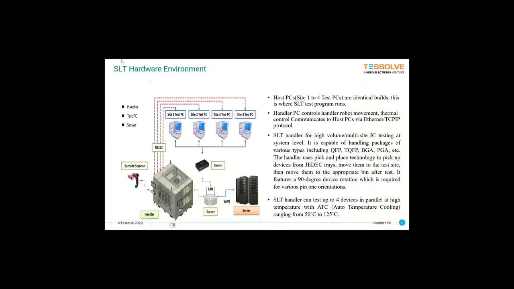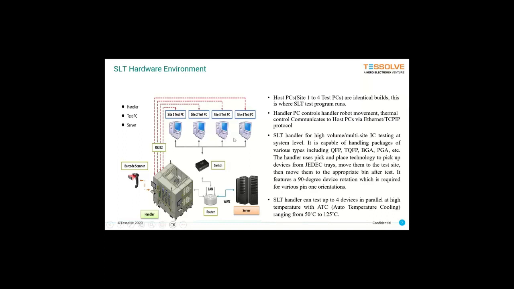And coming to the hardware, here we have to test multiple chips to complete the lot at a time. So here we have a handler, and it can handle 4 chips at a time.